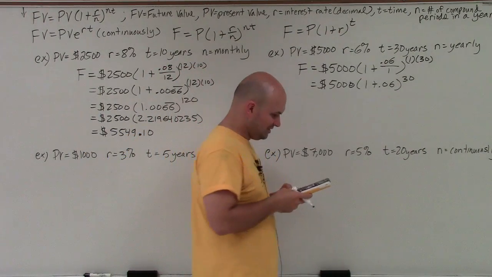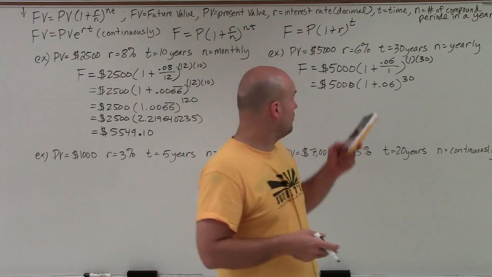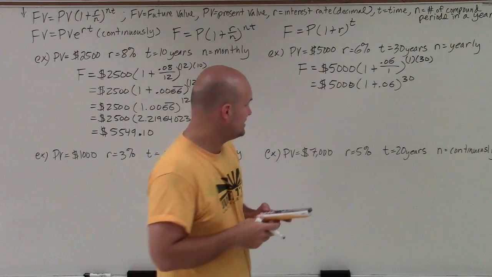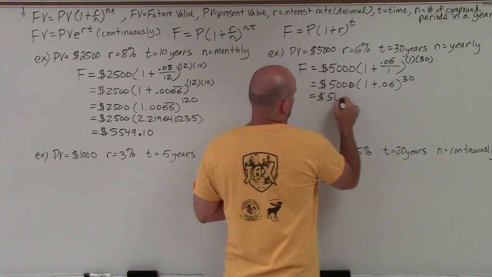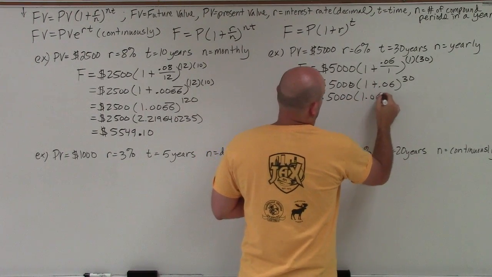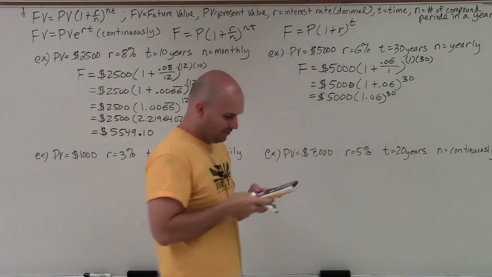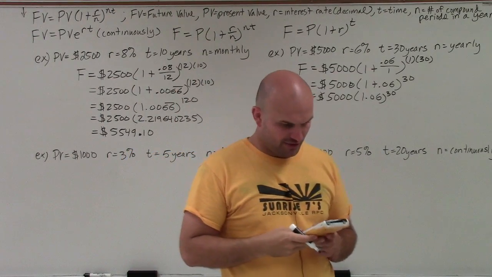All right, so now what I'm going to do is 1 plus 0.06, which is 1.06, and then I'll take 1.06 and raise it to the 30th power.